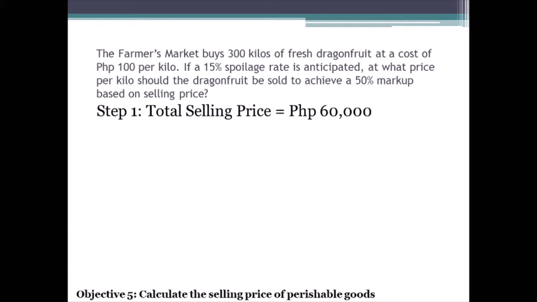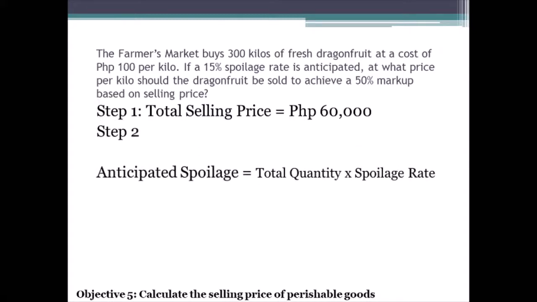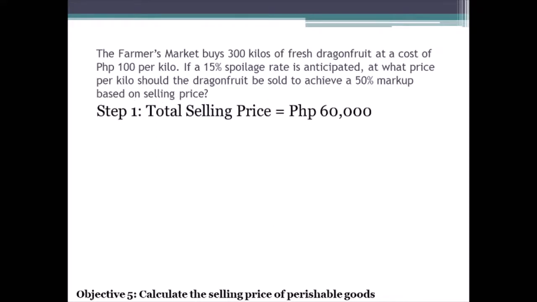From step 1, the total selling price is 60,000 pesos. Let's now compute the anticipated spoilage for our step 2. The formula is total quantity times the spoilage rate. Our total quantity is 300 kilos and the spoilage rate is 15%. Therefore, the anticipated spoilage is 45 kilos. Step 3, we can now compute the selling price of our perishable goods.